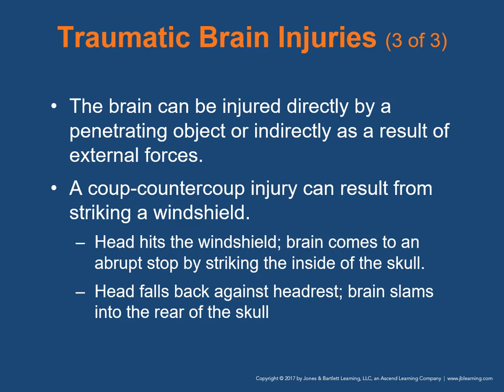The head falls back against the headrest and/or seat, and then the brain slams into the rear of the skull. So coup contrecoup means that the impact causes the brain to impact the inside of the front of the skull, and then as the head snaps back, the brain slams into the back inside of the skull.